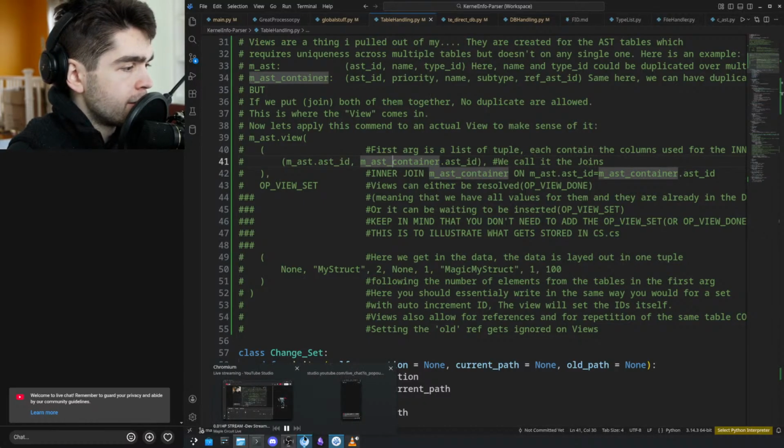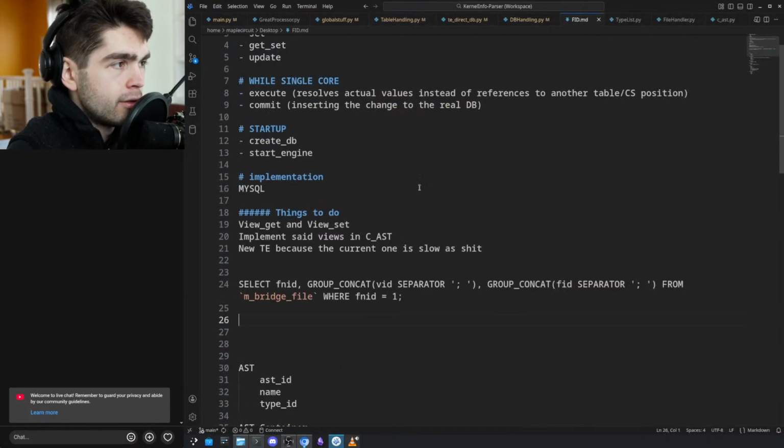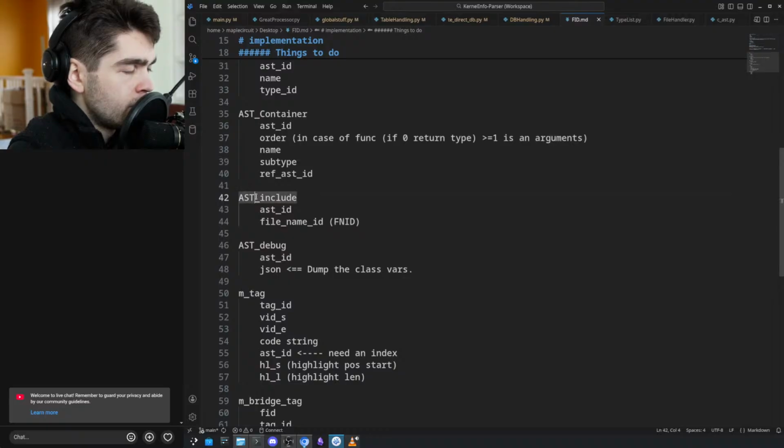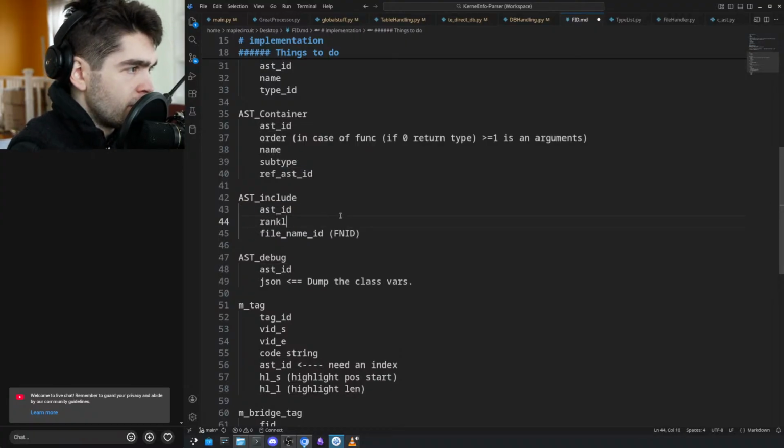Let me explain. If you have, for example, AST include, you're going to have an AST ID. You're probably going to have a rank value, and you're going to have a file name ID.